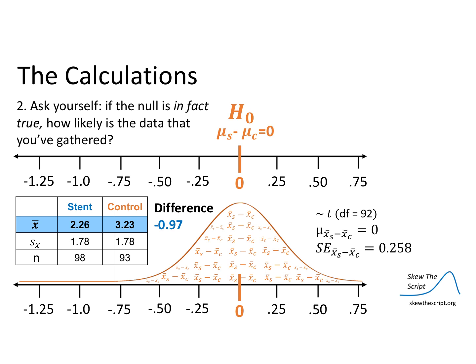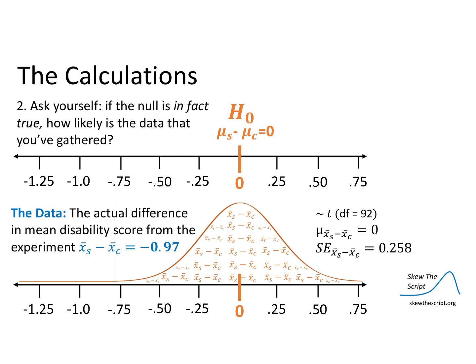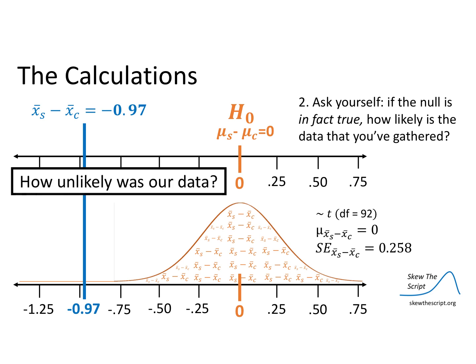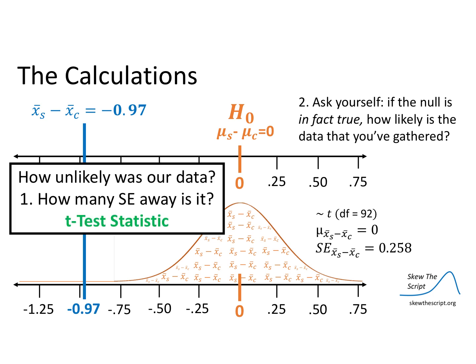And you'll see here we have a difference of negative 0.97. So if we plot that, you will see how far to the left we are from 0. So we need to ask ourselves, if the null is in fact true, how likely is the data that we've gathered? And here we can say how many standard errors away is it, or the t test statistic. So you'll see here our standard error is 0.258.